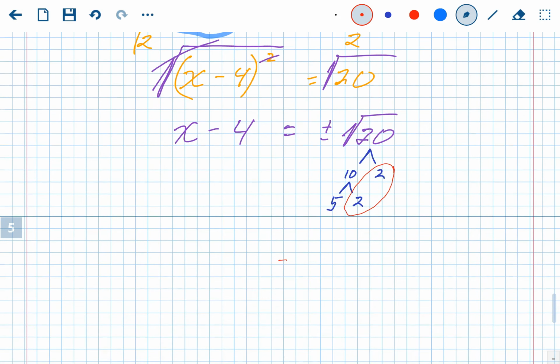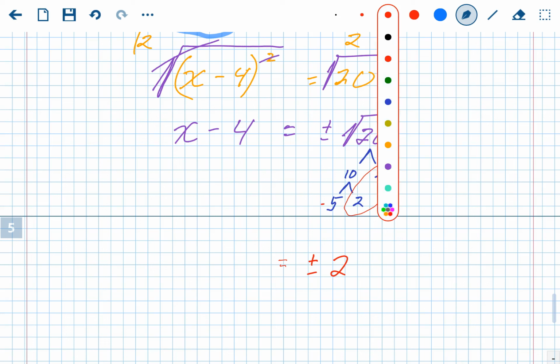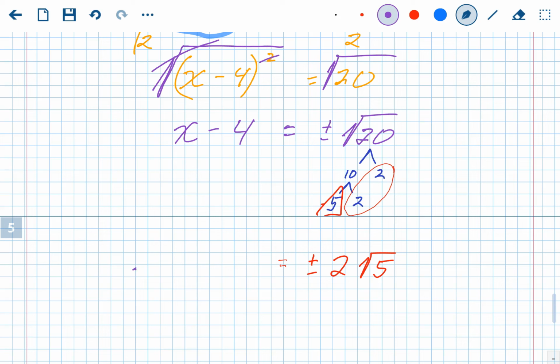So instead of plus or minus the square root of 20, we have plus or minus 2. That group of 2 goes out. And then that leftover 5 is going to have to stay inside. So plus or minus 2 square root of 5. And the left side, x minus 4.